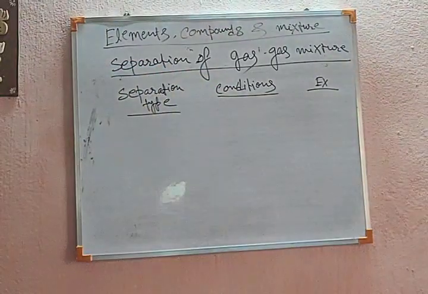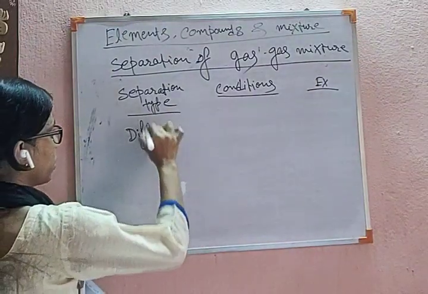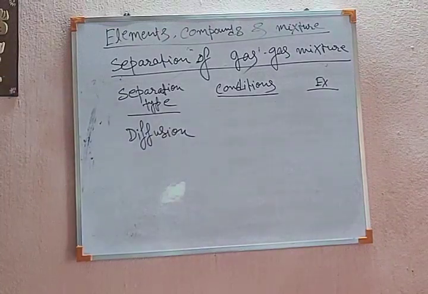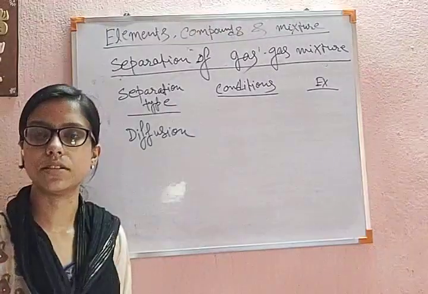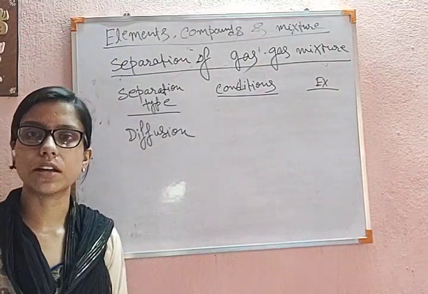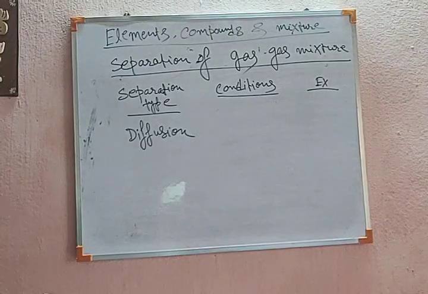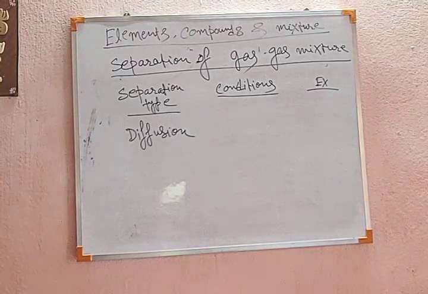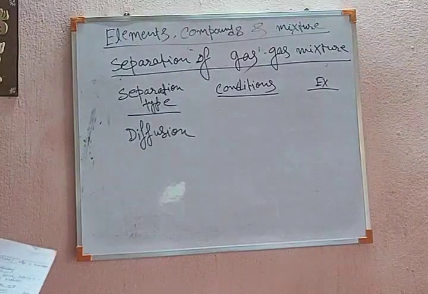This technique is applied for the separation of gas mixture when the gases have different densities. For solid liquid mixture, difference in density gives centrifugation, for liquid mixture it gives the separating funnel technique, and for gas mixture, the difference in density gives this diffusion technique.